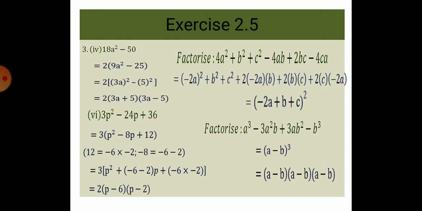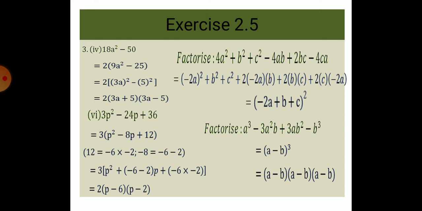Now we observe that 9a² is also a perfect square and 25 is also a perfect square. So after taking out 2, we get this in the form of the a² − b² identity. So now this is in the form of 2 of (3a)² − 5².